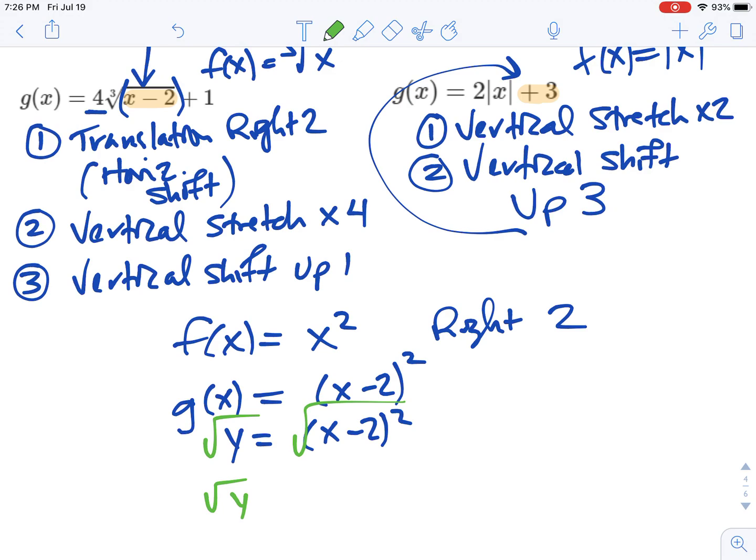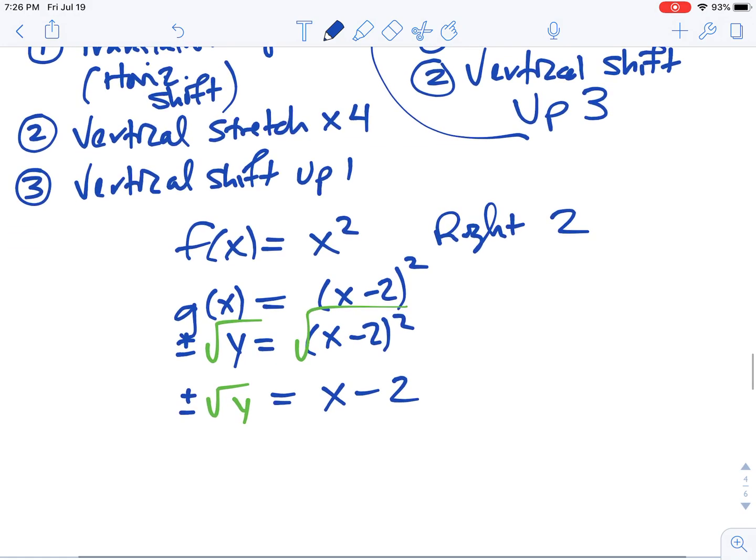So square root of y would equal x minus 2, and we should have plus or minus in there, because technically there are 2 values here. And then if you were to solve this for x, it would be plus 2 on both sides. So x would be 2 plus or minus the square root of y.